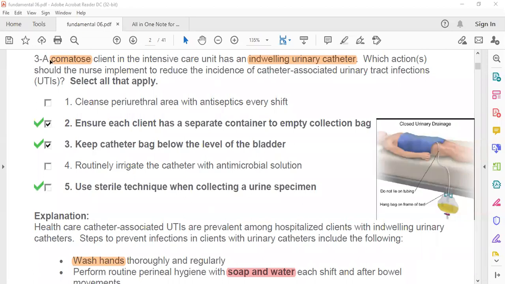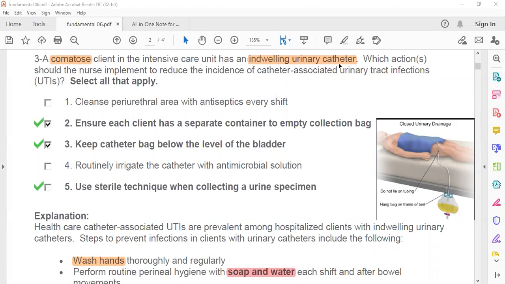Question here: a comatose client in the intensive care unit has an indwelling urinary catheter. So our patient is comatose, under the coma or unconscious. They're not able to pass the urine. So in that scenario, we have to put in the urinary catheter.